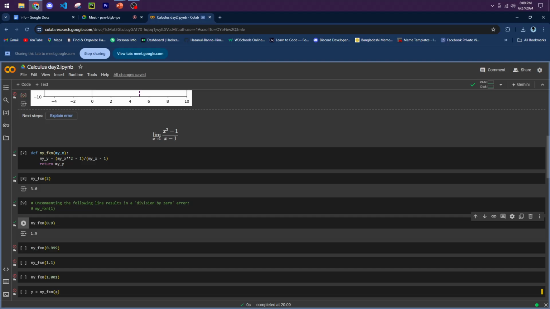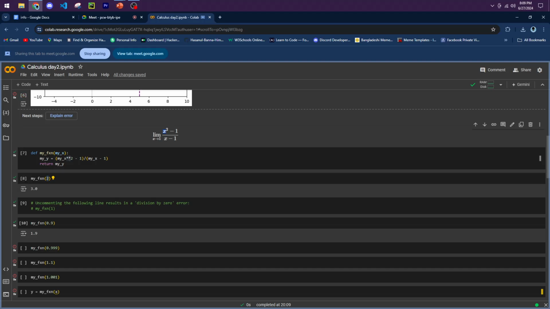Now, as you can see here, I have the same limit, limit x tends to 1, and above we got x squared minus 1 divided by x minus 1. So we are defining a function. When we run this with 2, what will be our output?